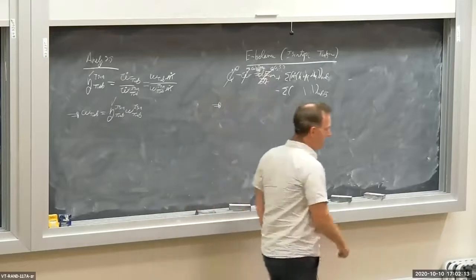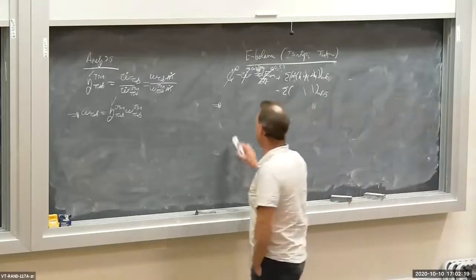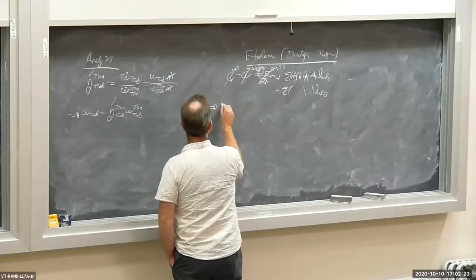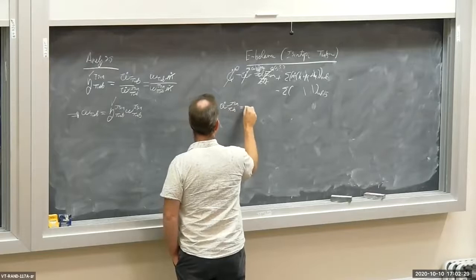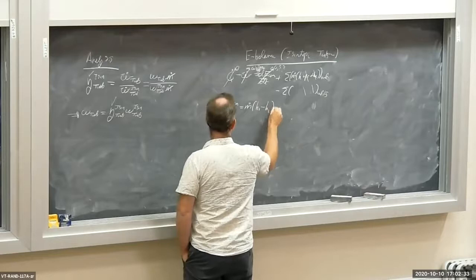There's only shaft work, and it's by the isentropic turbine. So I get W dot isenturbine is equal to m dot (h1 minus h2).